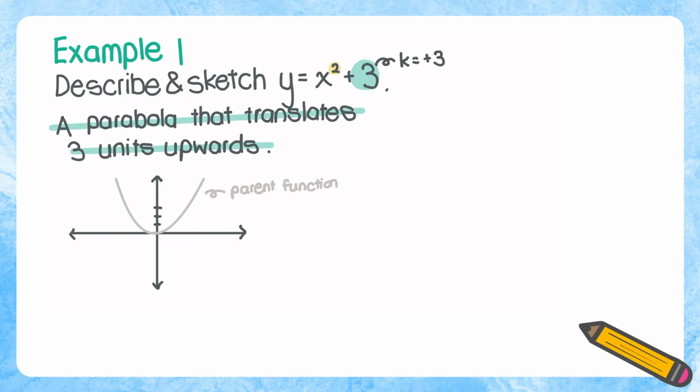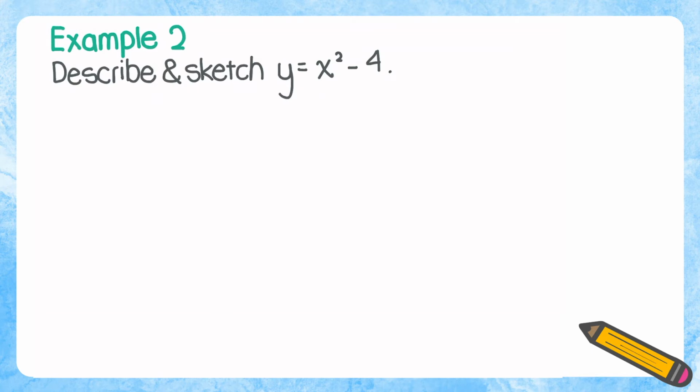So 1, 2, 3. And so this example, the parabola would look something like this. So we translated the original parabola, the parent function, 3 units upwards. So we were able to provide both a description and a sketch. In the next example, I'm going to describe and sketch y equals x squared minus 4.